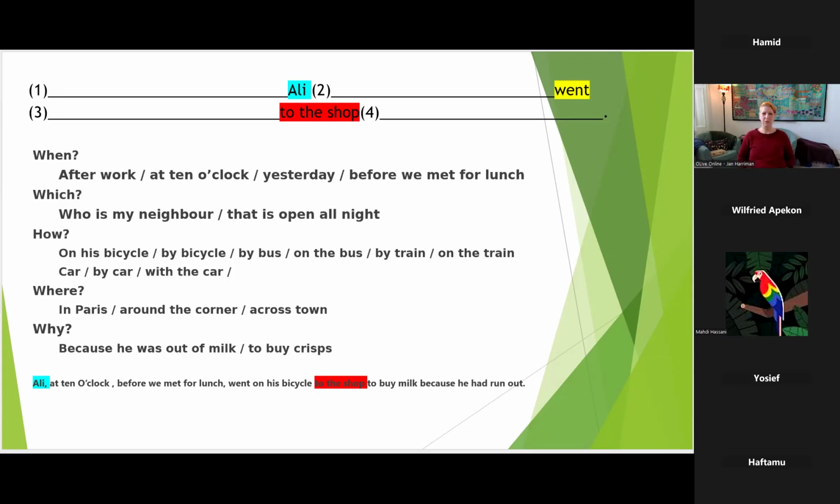Where can you put the answer when? The beginning. Okay, so write a sentence. See if you can fill in all those blanks.